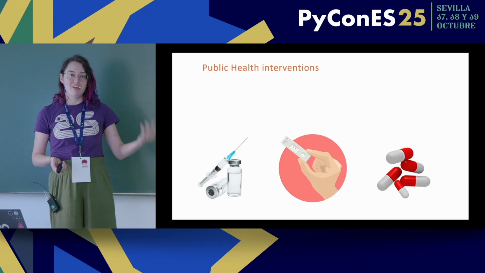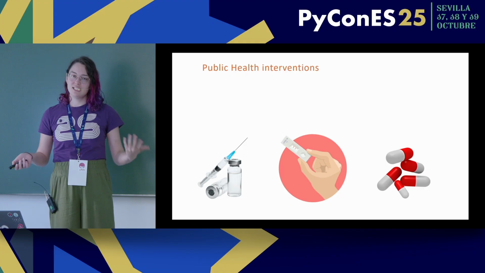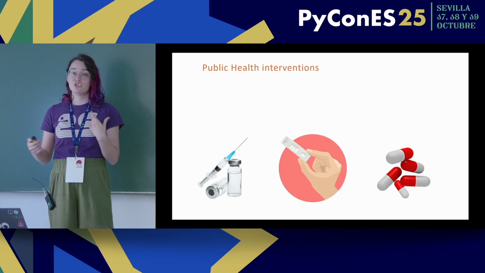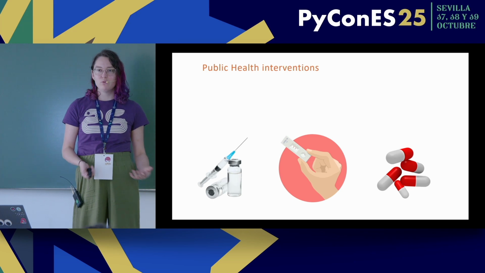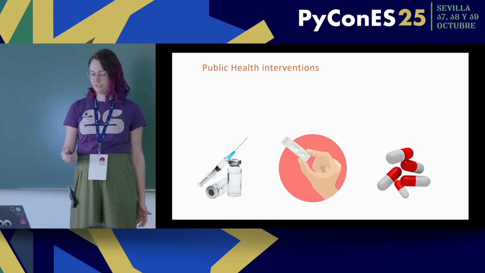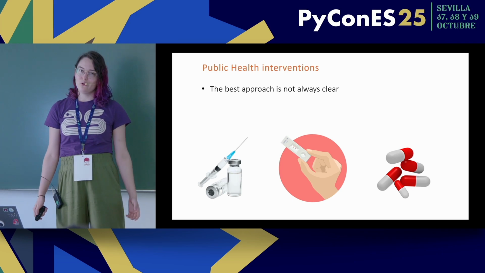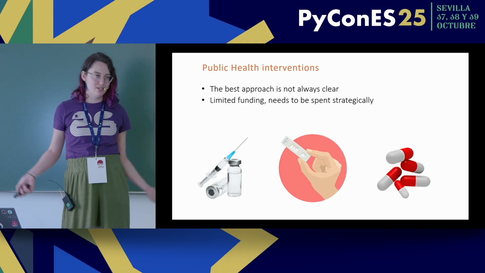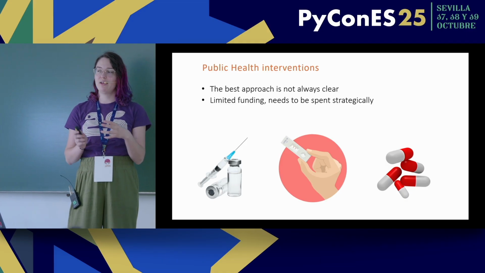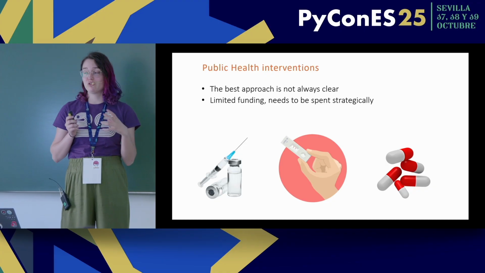Namely, we have vaccines, then tests, and also treatments or medications. However, it's not always very clear which is the best approach. We also often have very limited funding, so it's not like we can just do everything and see what happens. We have to choose, and we have to choose wisely. We have to be strategic about this.